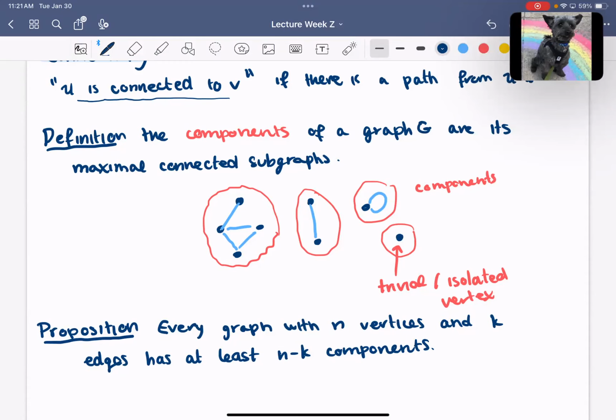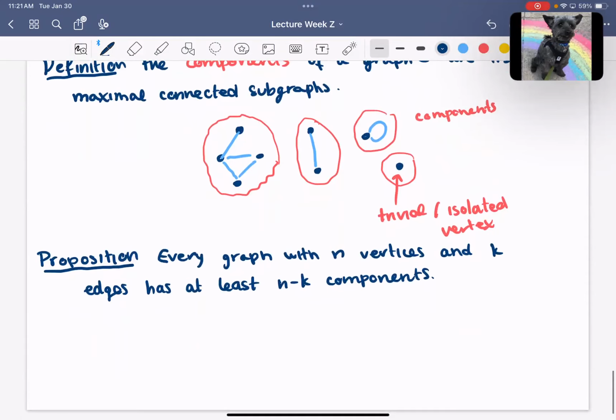Okay, so let's prove this quickly. For the proof, if I have a graph with n vertices and no edges, that has n components, right? Each component is just an isolated vertex. And by the observation that we just made, adding an edge will reduce the number of components by at most 1.